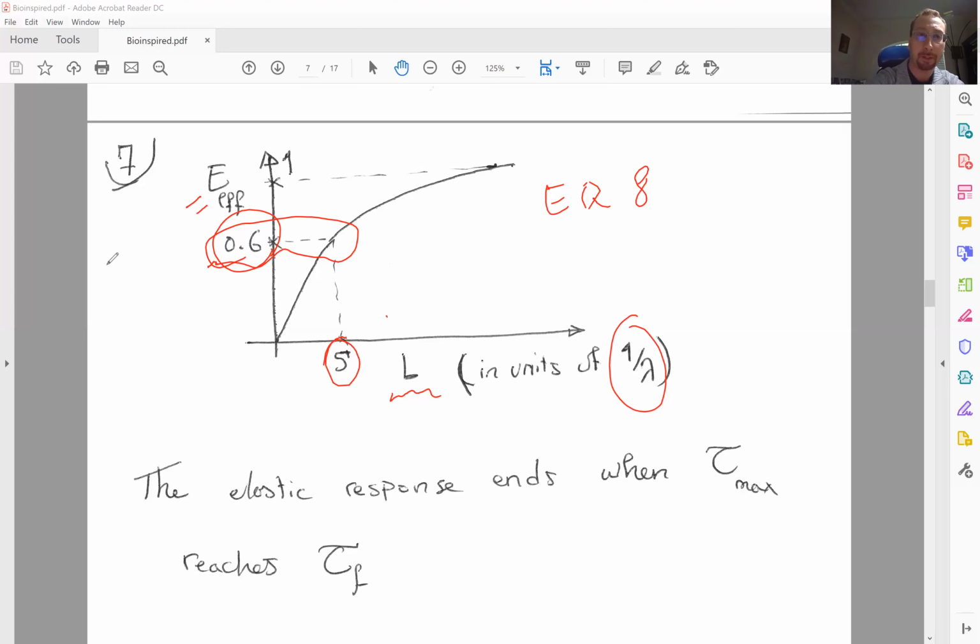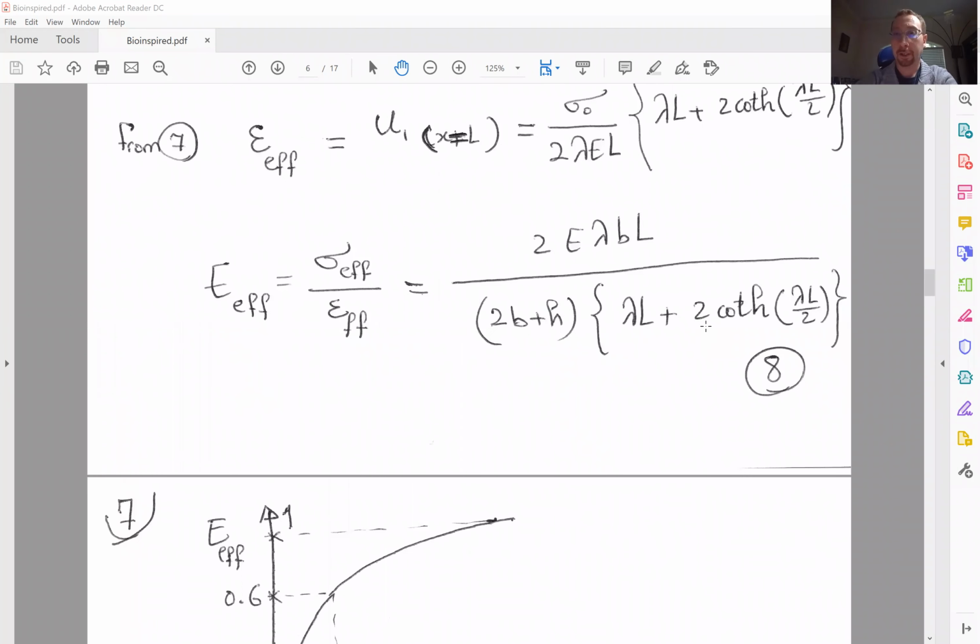The highest value corresponds to the case where the overlap length approaches infinity. At infinity, we will have a modulus that you can easily calculate.